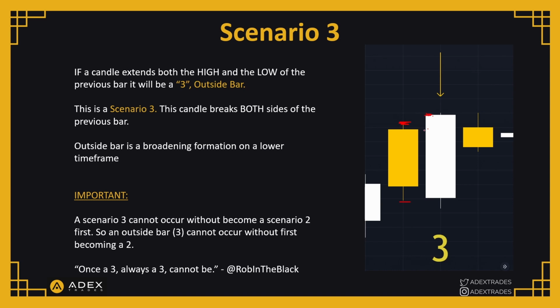Hopefully that makes sense. We gapped up, so that's a 2-up, right? And then price goes all the way down and breaks the opposite side. Because price was able to go up, take out this high, and then come down and take out this low, that is what creates a 3.